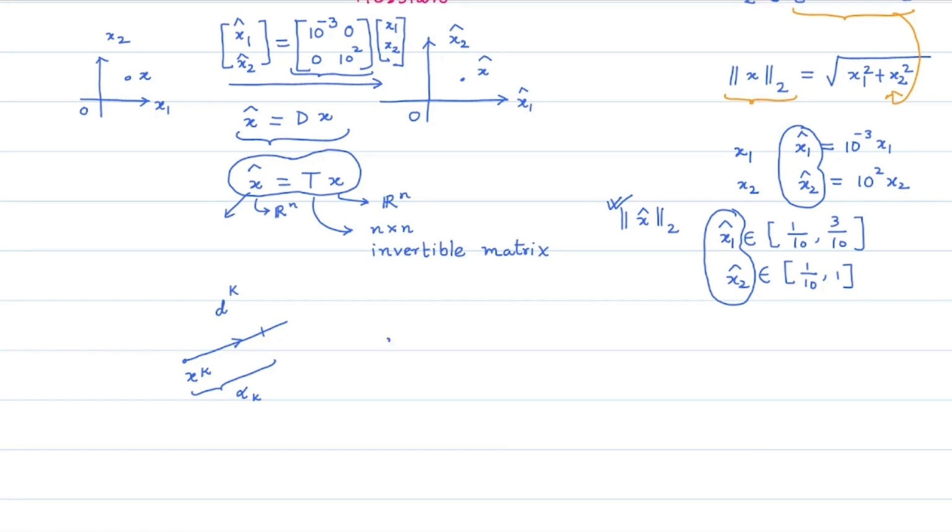We usually consider the direction dk as simply the negative of the gradient of the function f at xk, or we consider to multiply a matrix Bk with the negative of the gradient at xk, where this matrix Bk is simply the inverse of the Hessian matrix, or we consider an approximation of the inverse of the Hessian matrix.